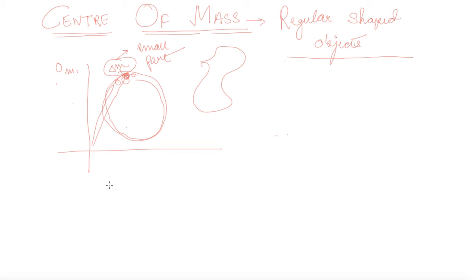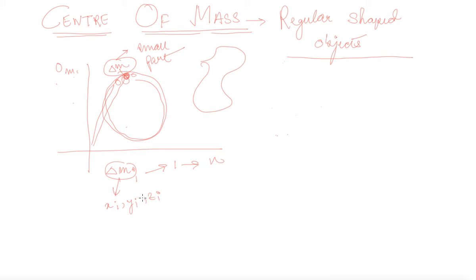So let's say we have assumed the body to consist of del m particles ranging from 1 to n, that is del m i, and for del m i I have taken the coordinates to be xi, yi and zi.